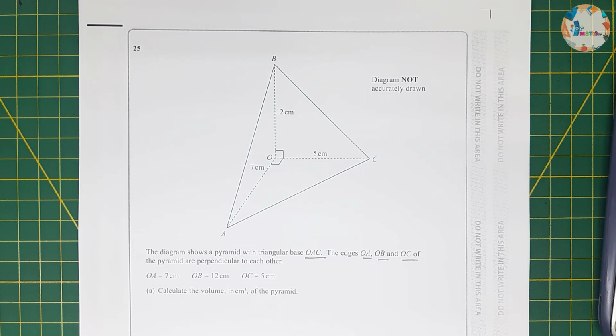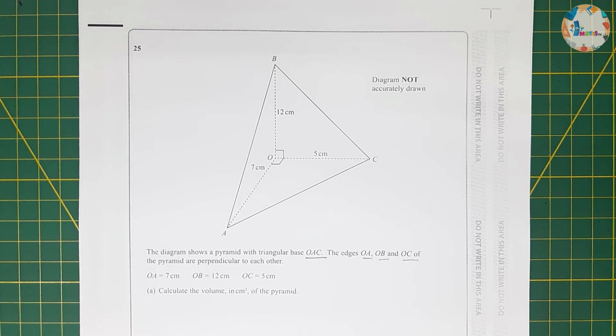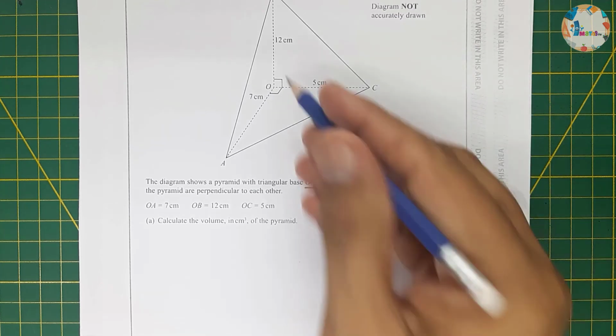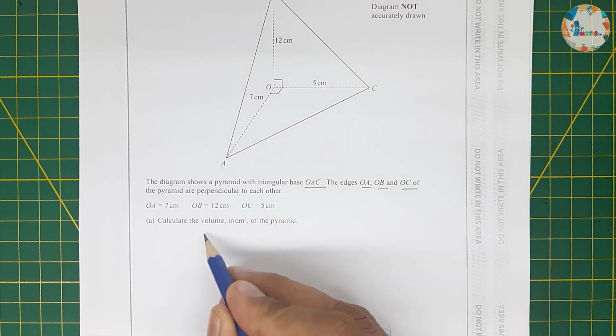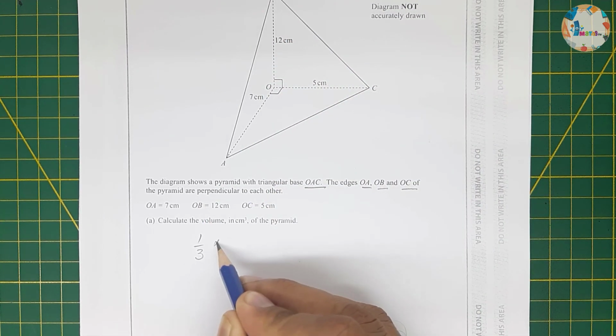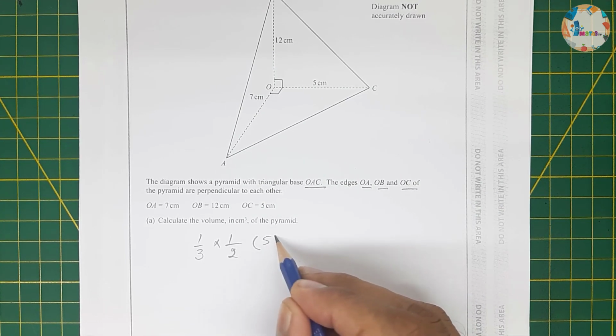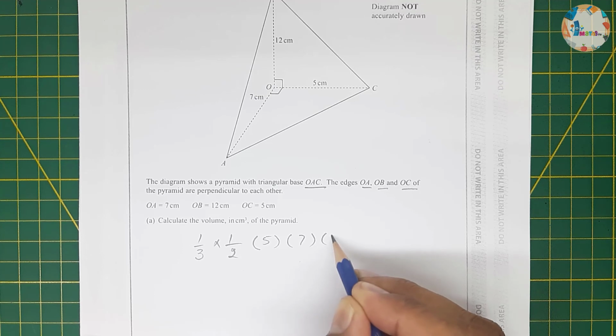OA is 7, OB is equal to 12, OC is equal to 5, and calculate the volume in centimeter cube of the pyramid. For volume of the pyramid, we will apply the formula, and we have all three sides provided, so we'll apply 1 by 3 into half of these dimensions, which is 5 into 7 into 12.